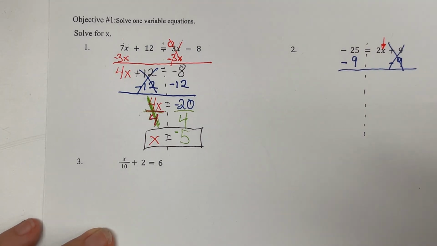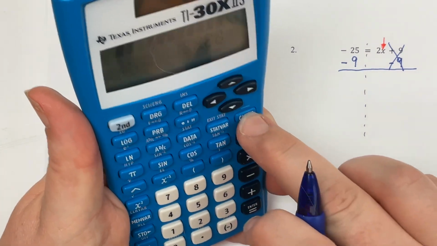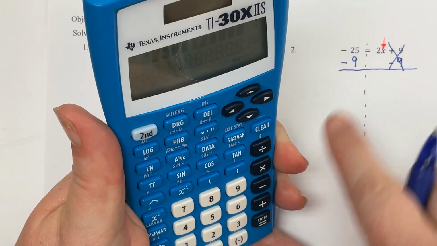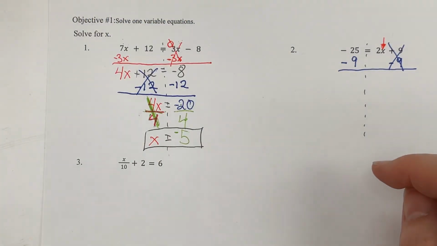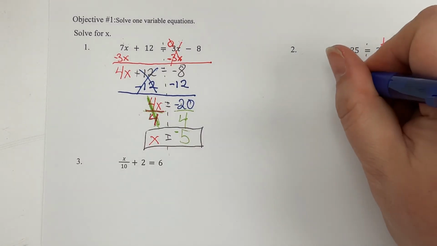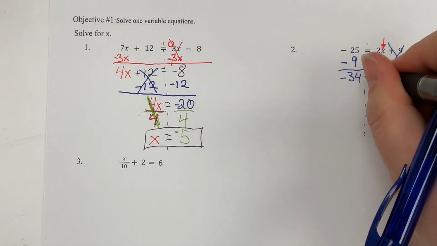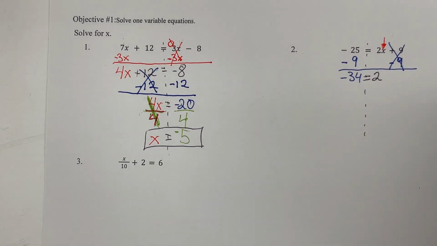Okay, what am I left with? Negative 25 minus 9 equals negative 34. Negative 34 equals 2, and then I need my x.